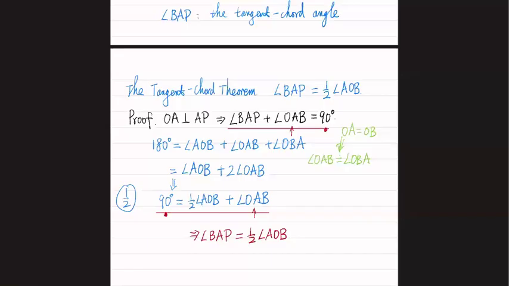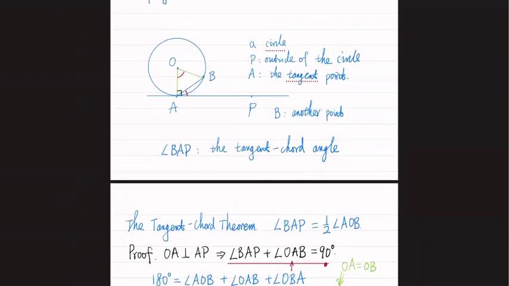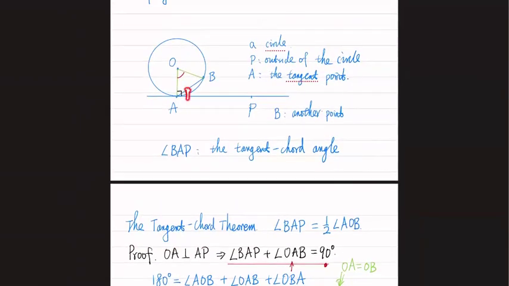Okay, so this is called the Tangent-Chord theorem. It's about the tangent-chord angle. Whenever we have a chord and a tangent, this angle must be half of the central angle. Okay, so we'll stop here and check. Any questions about this course? I have a lot of proofs.